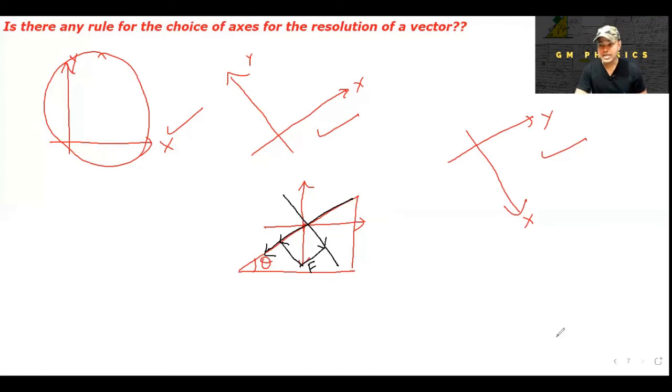So the answer is there is no such rule. You can resolve a vector along axes of your choice, and that completely depends on the problem at hand and the convenience. These things decide which coordinate axis you will choose for the resolution of a vector.